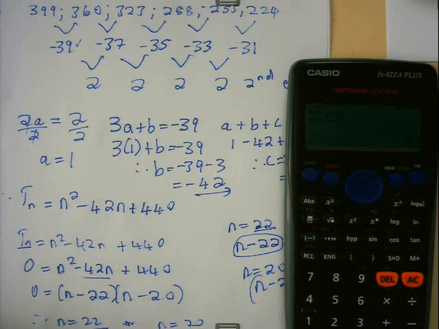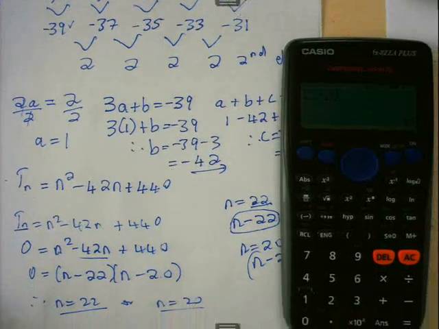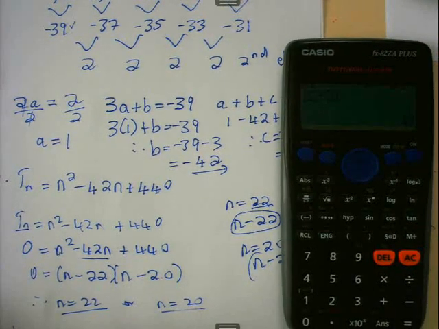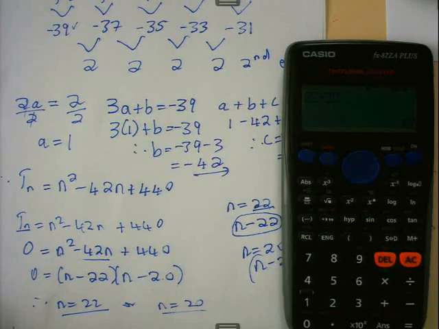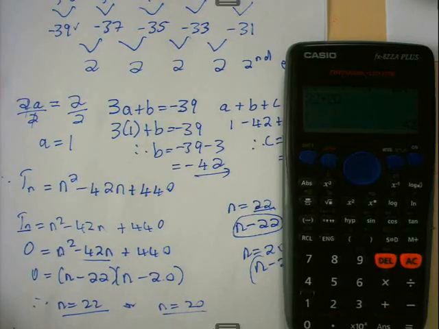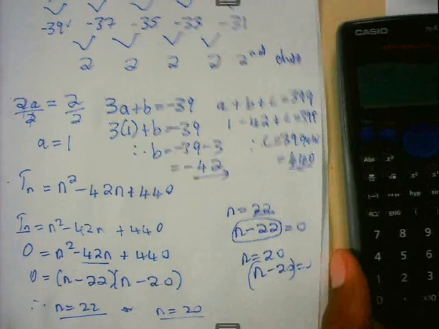Therefore, from here, boys and girls, now we can make a conclusion to say both terms, n is equal to 22 and n is equal to 20, will have the value of 0.